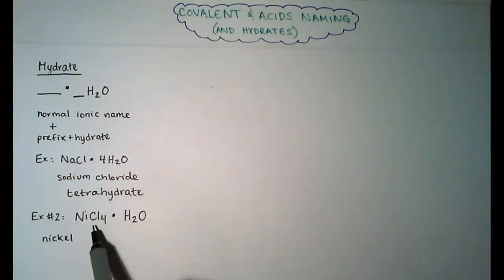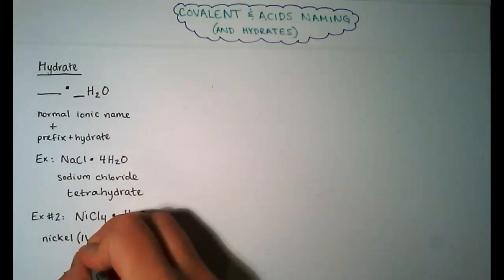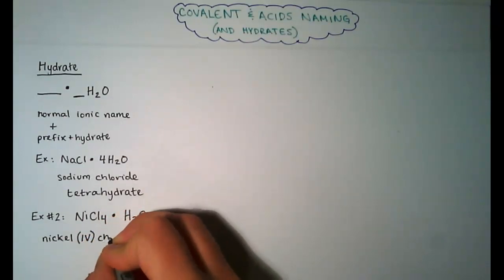I know that each chlorine has a charge of -1, and I have 4 of those -1 charges, which gives me a total negative charge of -4. So I know I need to balance that with +4 on the nickel. So this will be nickel(IV) chloride.